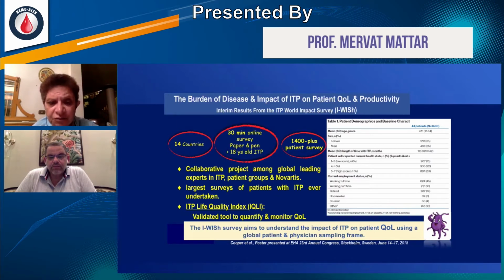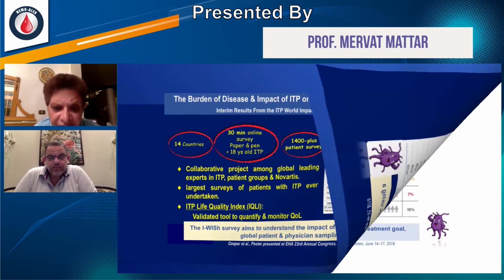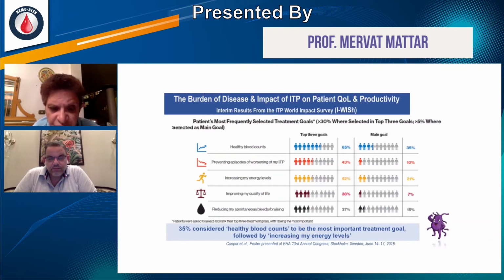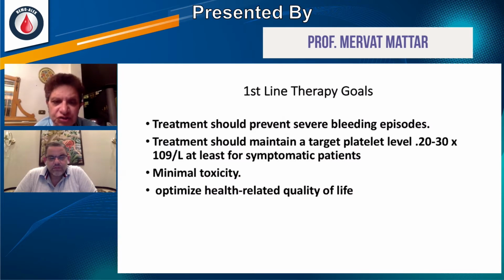We contributed 60 patients through surveys, asking patients about their symptoms and what is bothering them. The preliminary results, published at EHA 2018, showed that 35% considered healthy blood counts to be the most important treatment goal, followed by increasing my energy levels. That means they are really suffering from low energy.